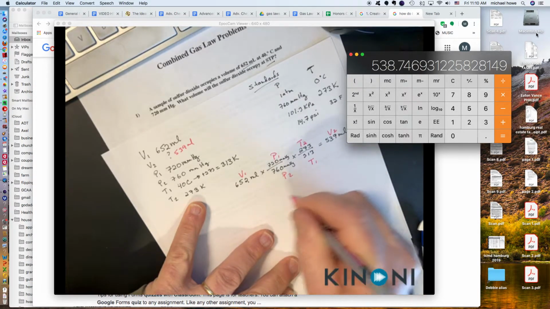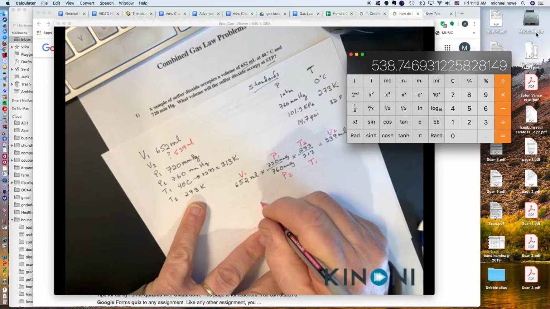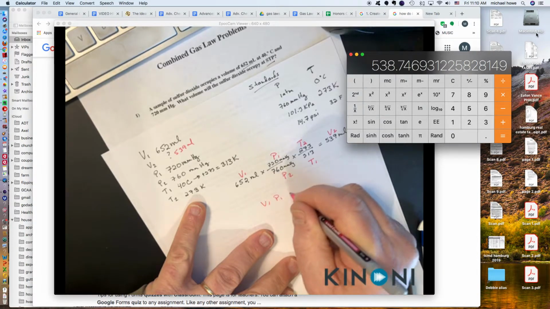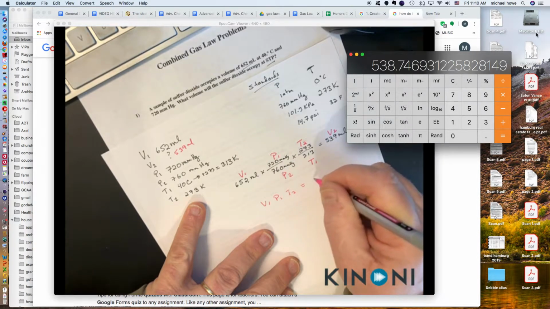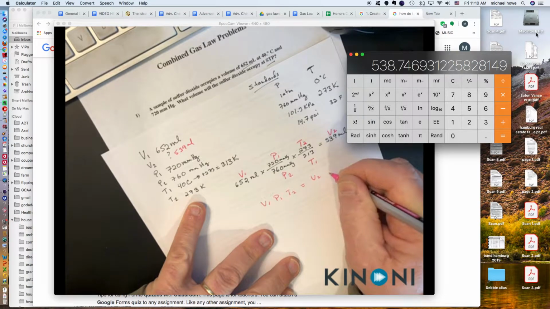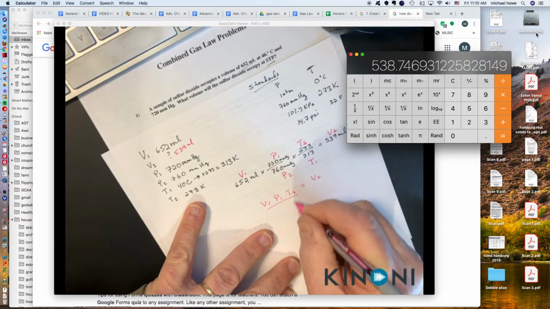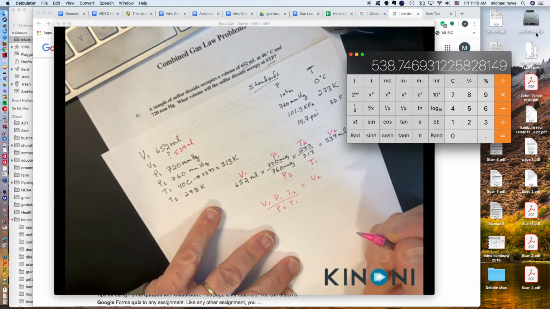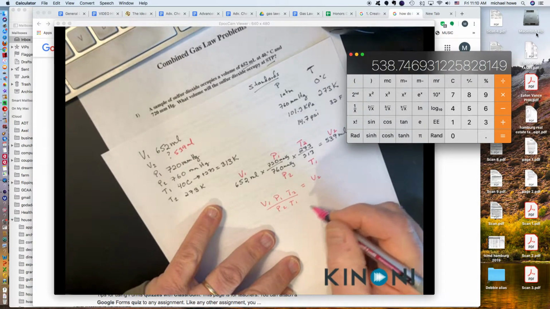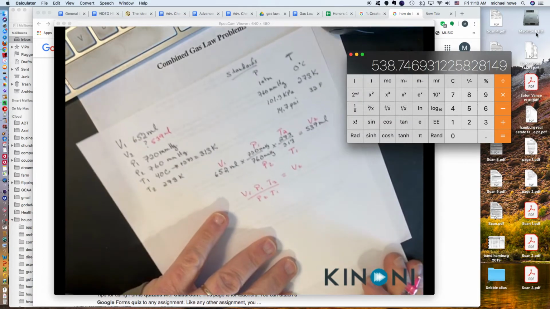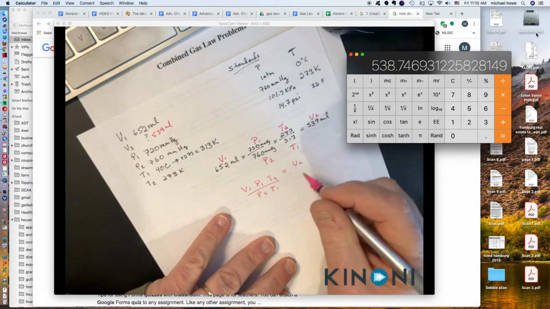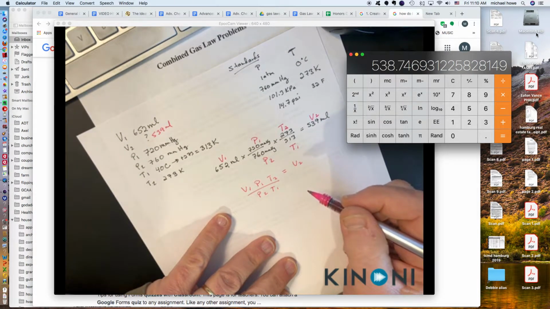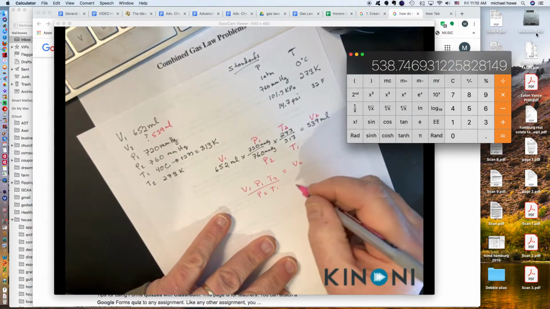So now we have this equation, just writing it in with variables. V1, P1, T2 equals V2, and then, oh, I forgot, on the bottom we have the P2 and the T1. So you often will see this formula written so that all the ones are on one side and all the twos are on the other side.